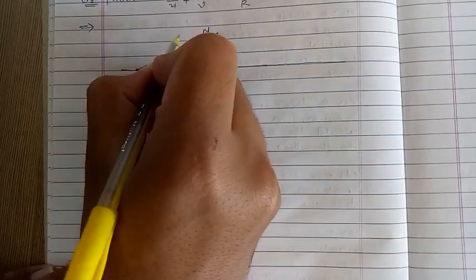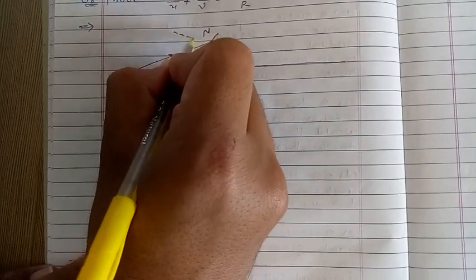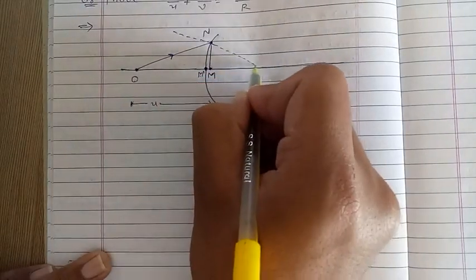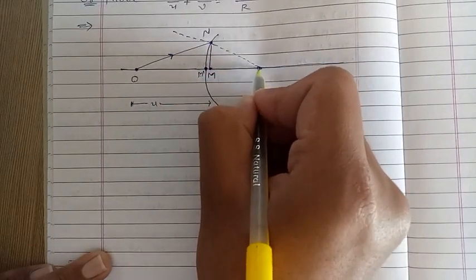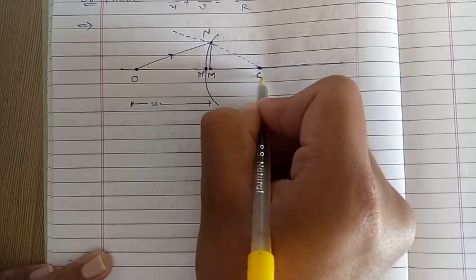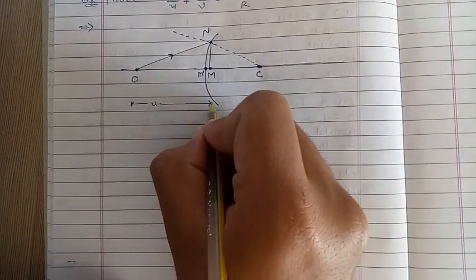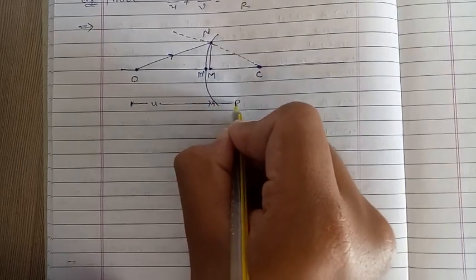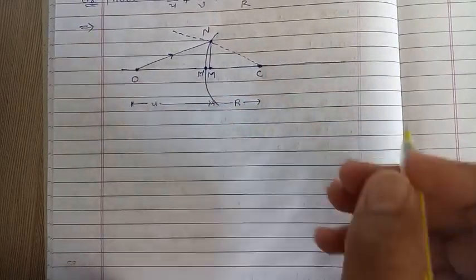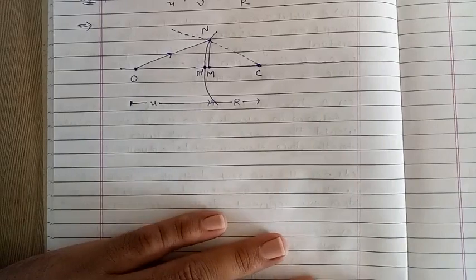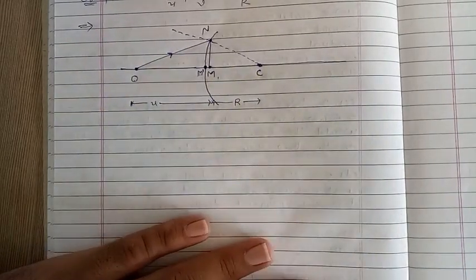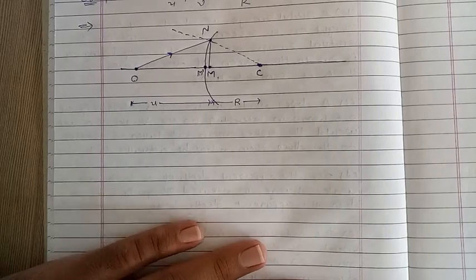So if we draw a normal, then this normal is always passing through the center of curvature C. So the distance between M and C is known as radius of curvature, right? So we can say that MC or M dash C is R, right?